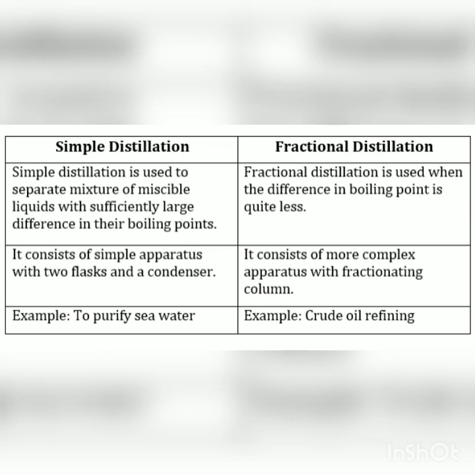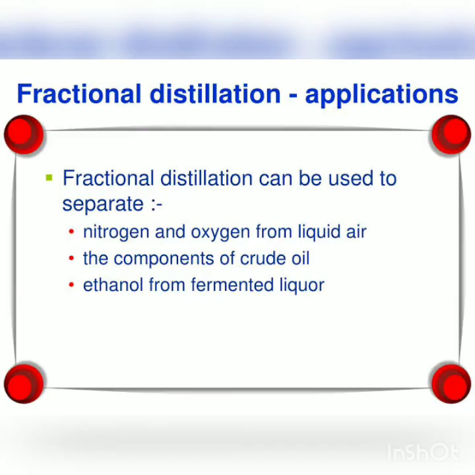In simple distillation, we make use of simple apparatus like two flasks, a condenser, etc. But in fractional distillation, we use a fractionating column to increase the surface area so that vapors get cooled down and condense easily.